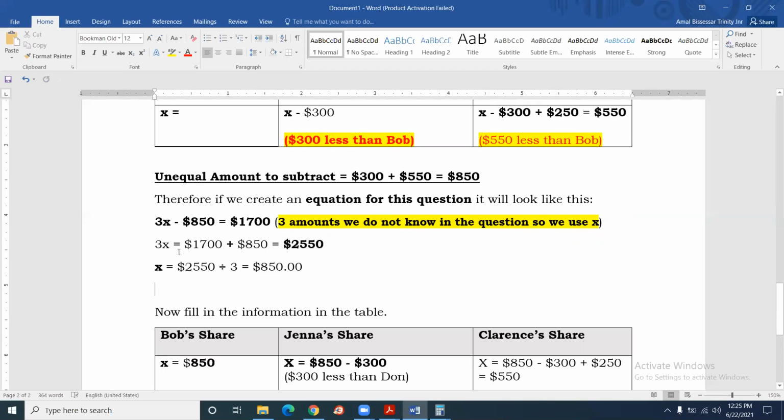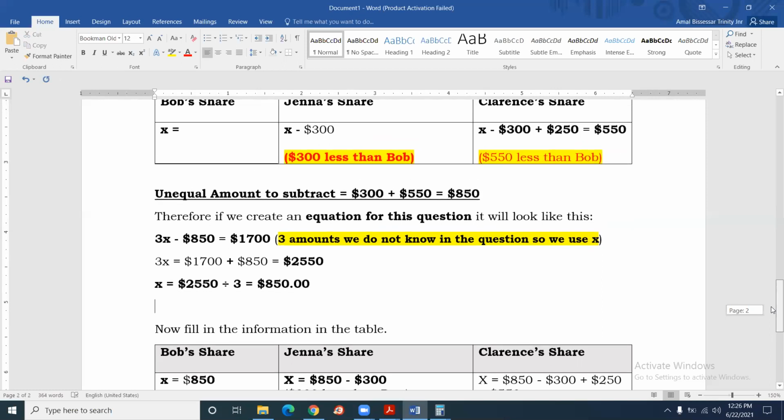And then 2,550 could be shared now equally among the three x's that I don't know. So when you divide that number, 2,550 divided by 3, you should get 850. So anywhere on the paper where you had x, you need to make it 850.